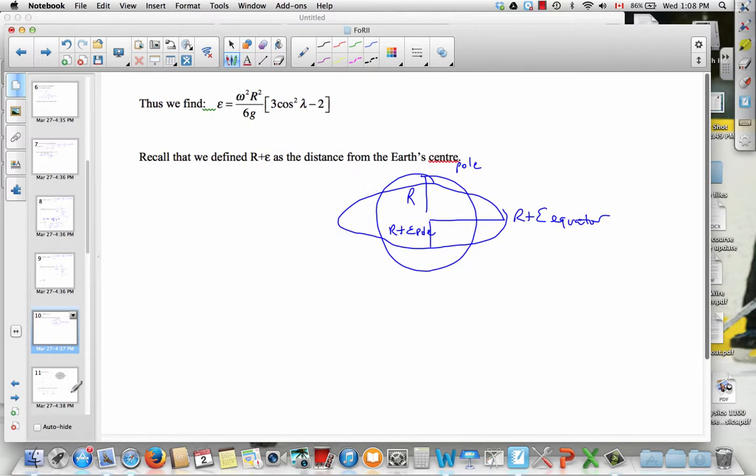And you can work out the difference in radius between the pole and the equator, and it works out to about 11 kilometers, which is not quite the right answer. It's more like about 20. But there's other things we have to consider. First of all, g is not constant over the surface anymore. And so there's a bit more to go to the model, but we've made a decent first step.